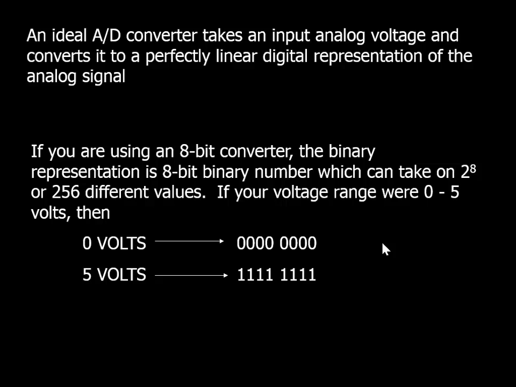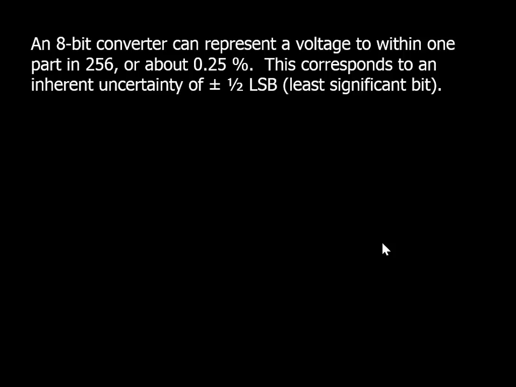So an 8-bit converter will represent within 1 part in 256. Again, you do have an inherent uncertainty of about half a least significant bit. It depends on your A to D converter.